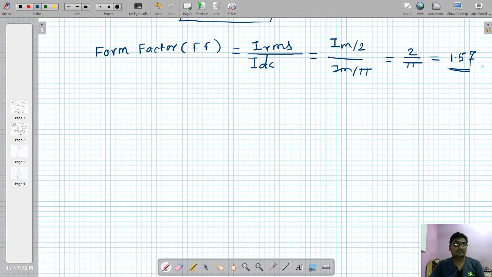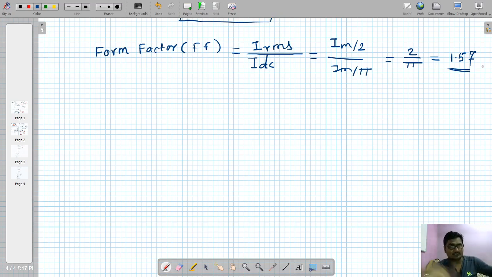And when is form factor useful? Actually, if you are dealing with a half wave rectifier or any kind of rectifier, then after ripple factor, roughly I can say the form factor represents a kind of ripple, but we have derived a ripple factor already, which is different.